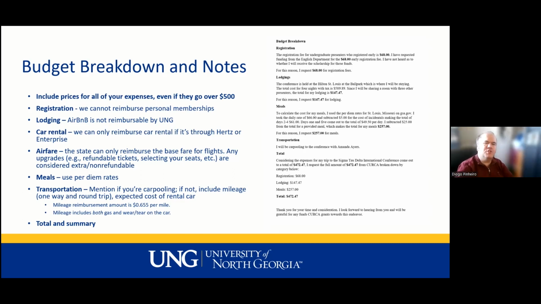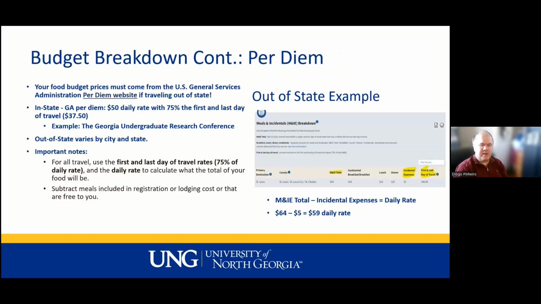We don't reimburse how much you actually spent on gas. We reimburse based on the mileage. On the right here, you have an example of what it's supposed to look like. So in terms of the meals, and this again is not a CURCA thing, it's a UNG thing, it's a state thing.